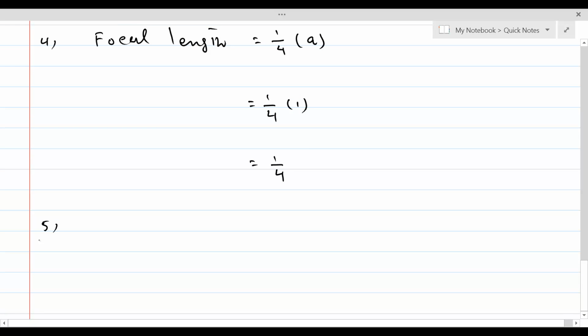Now if you want to find out what the focus is, focus is equal to the x coordinate of the vertex and the y coordinate of the vertex plus focal length.